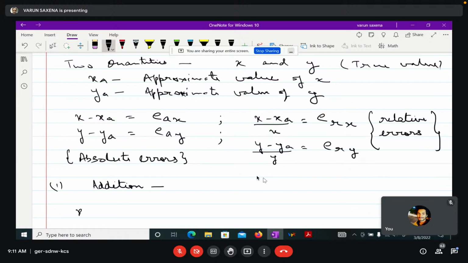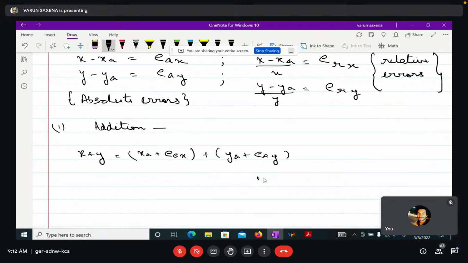So when you have x plus y, so if you see this equation from the point of view of absolute errors, then I can just say that it is xa plus e_x plus ya plus e_y. Yeah. So I can probably write something like this.